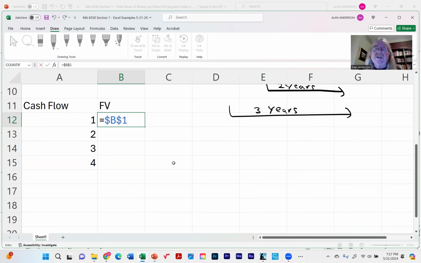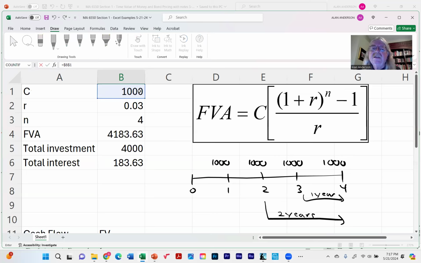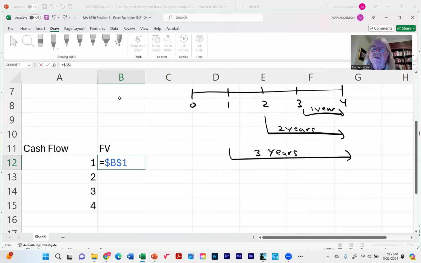Now, by the way, I'm going to show you a little trick here in Excel. These dollar signs lock in the reference, so I don't have to keep changing it. This one will never change. No matter where I copy this formula, it'll always refer to B1. I'm going to multiply that by 1 plus the rate of interest, which is B2. Also, this needs dollar signs.